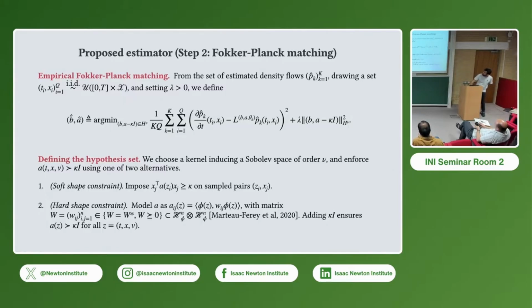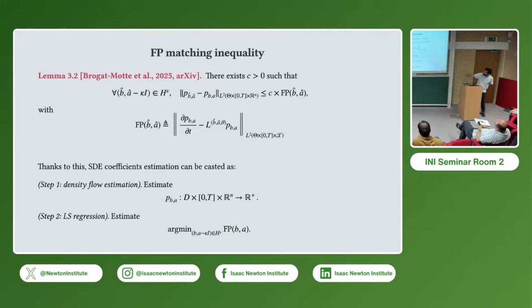Here I just need to... The idea is that I have p hat in my Fokker-Planck instead of p, and then I need this to be small. I already sampled the controls, but I can resample the times here because I have a function that I can evaluate for any time.